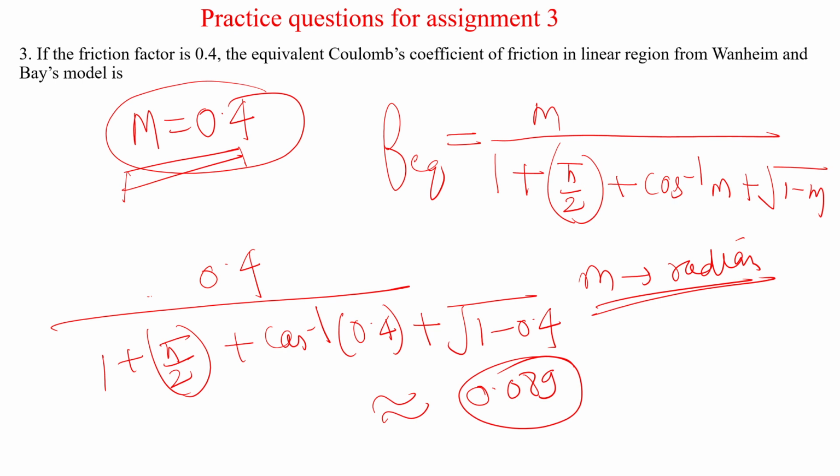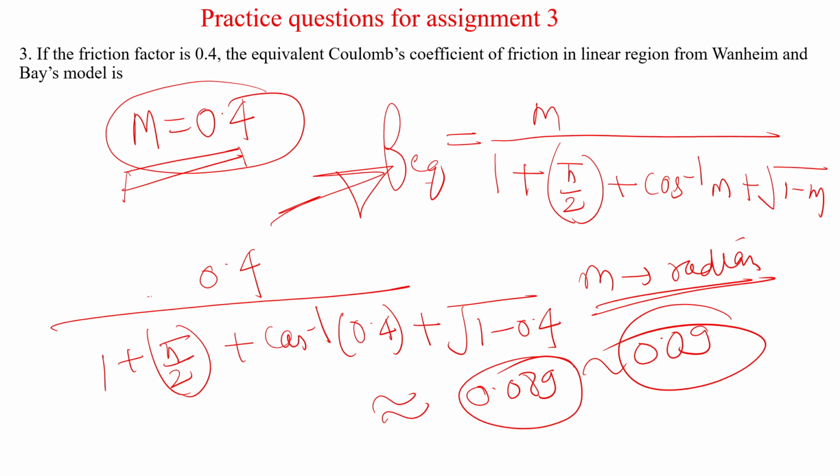Right, almost like that. Okay, fine. 0.09 something, right? So near to this value you'll get 0.09. It is the same only. So just you need to put in the formula and remember this is in radian. Don't put it in degree. That is a major mistake you can make.